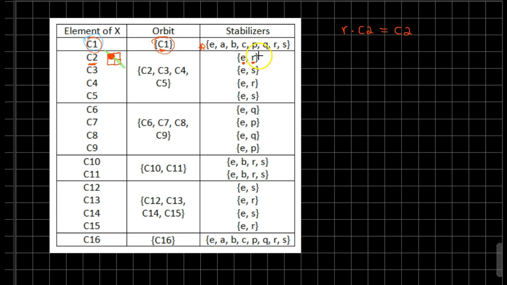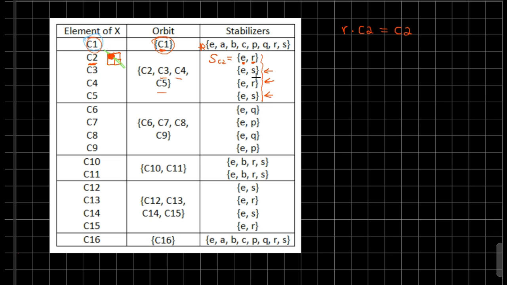So lo and behold, the stabilizer for C sub 2 is equal to E and R. In a similar way, you can figure out the other stabilizers for the remaining orbit members. But what is striking is every one of them has an equal number of terms, which is 2 in this case.